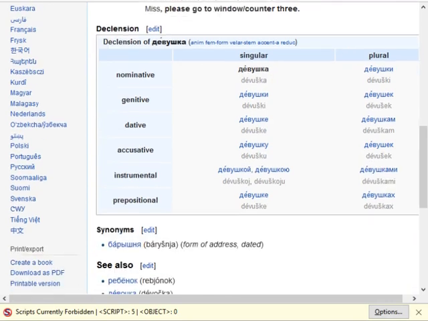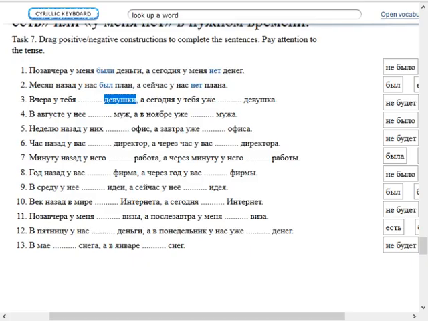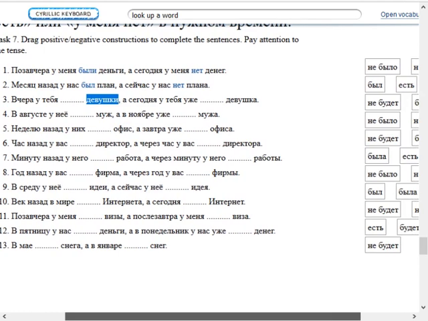And here we can see, yeah, so девушки is both the plural, but I think in this case they mean it not in the plural sense, but rather in the singular genitive sense. That's the trick. So it's saying that вчера у тебя нет, or rather не.